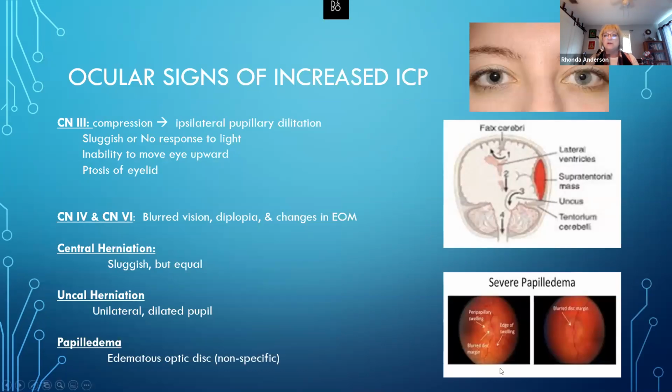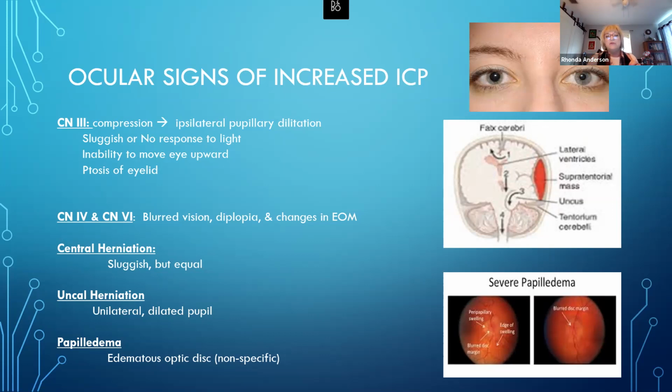So there are some ocular signs for an increase in ICP. One of the first things we look at are cranial nerves 3, 4, and 6. 3 is pupillary dilatation.